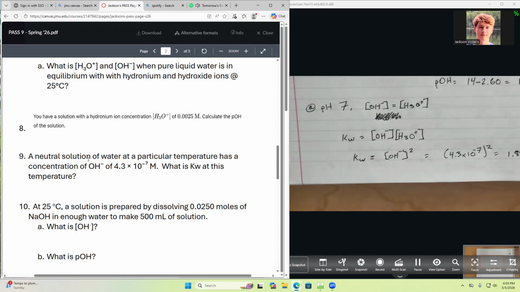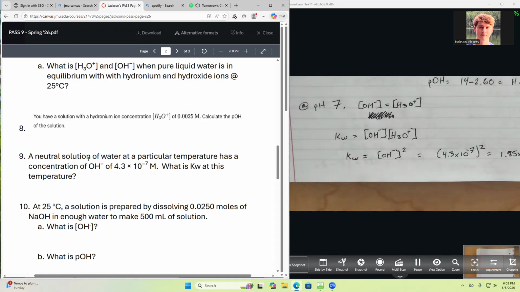So yeah, exactly. I use that as a starting point. We need to know that when we're at neutral pH, there's a rule we can use to finish this problem. And the way you need to do this one is to always remember that at pH 7, we have equal concentrations of hydroxide ion and hydronium ion.